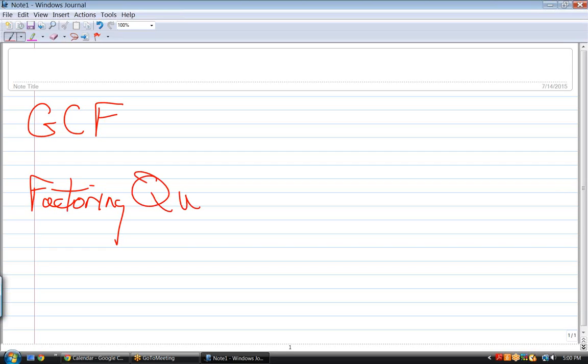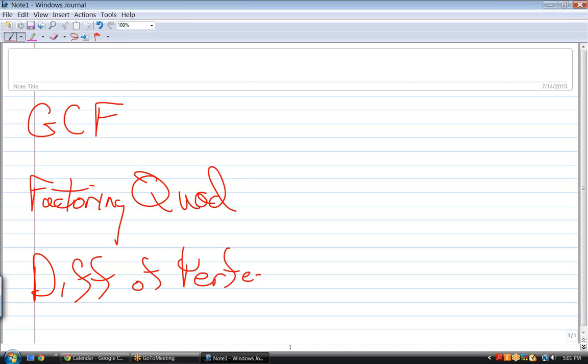Let's call it that. I'm not sure that's the right terminology. And the third one we have is difference of perfect squares. Greatest common factor. Factor that.